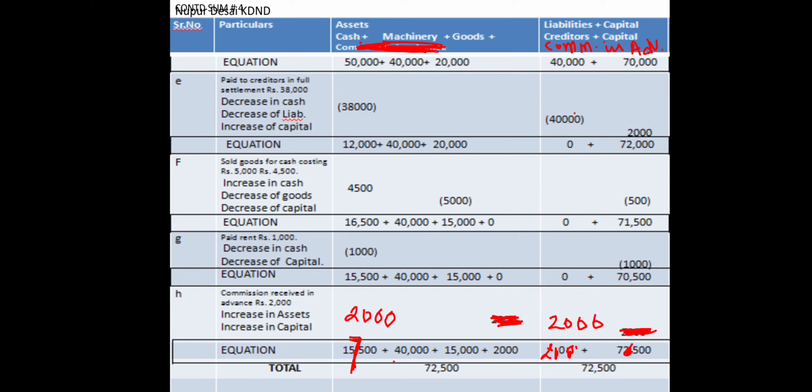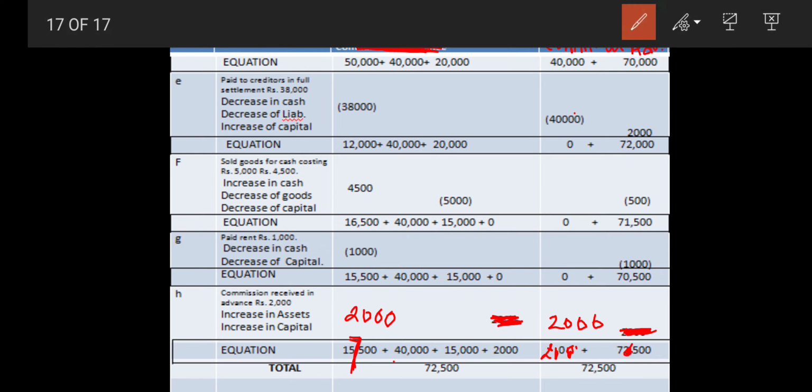So finally the equation on the liability side will be 2,000 plus 70,500, and in the same way on the asset side it will be an increase in cash 2,000, 40,000 as it is, 15,000 as it is, and there is no change in this.